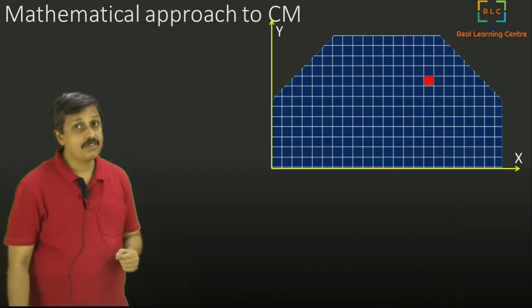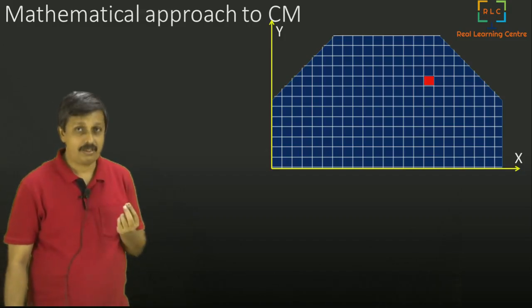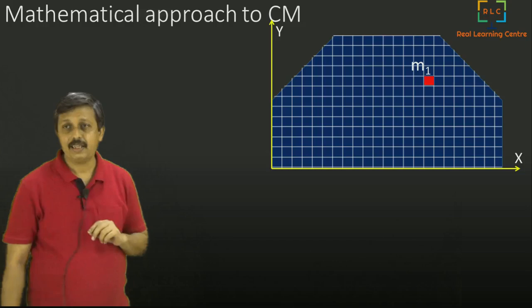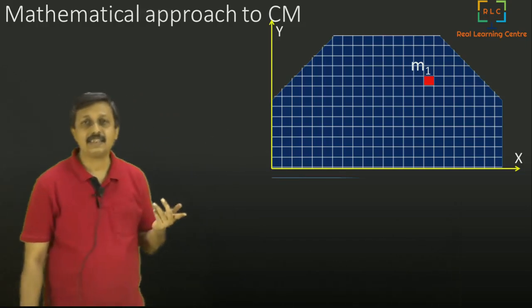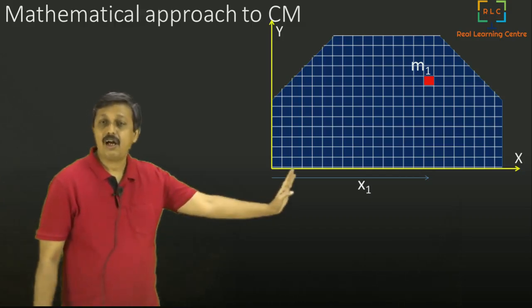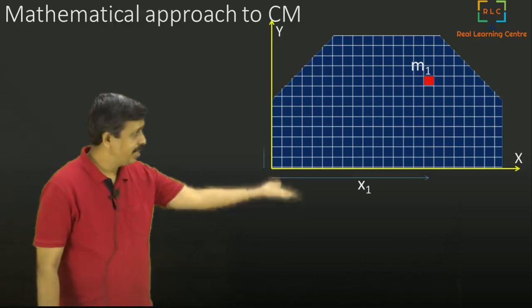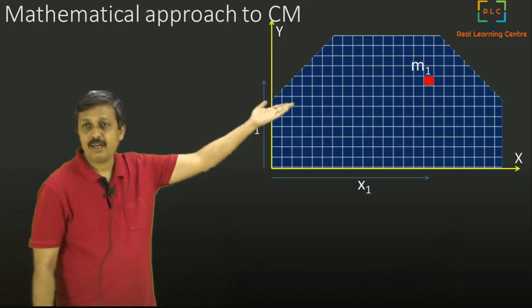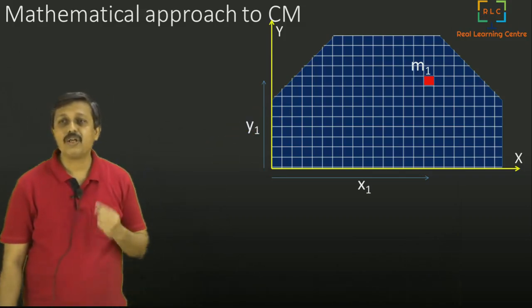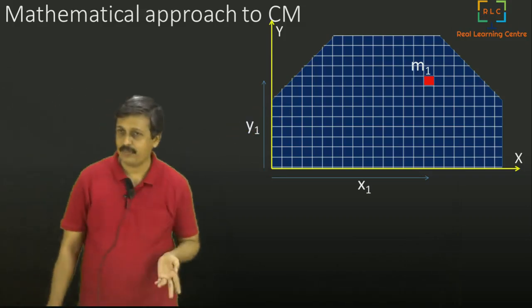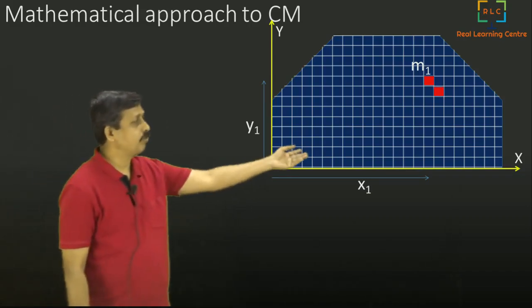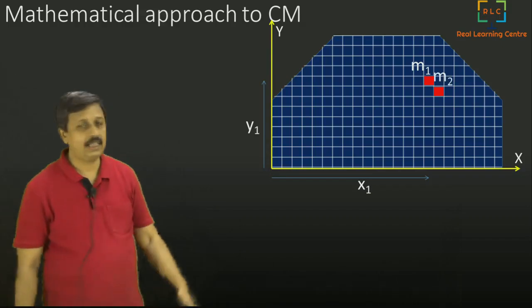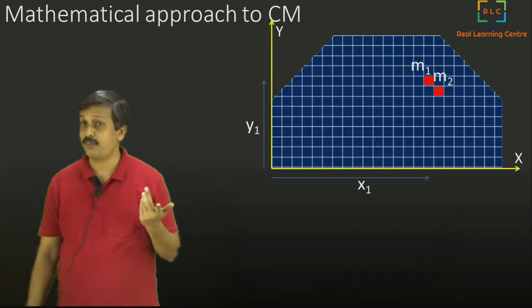And where is that piece? And what is its mass? So that piece, let us say, has a mass m1, and is at an x-axis distance of x1 and y-axis coordinate of y1. So coordinate of m1 is x1 and y1. Like that we can take, for example, m2, one more, and that has a coordinate of, let us say, x2 and y2.